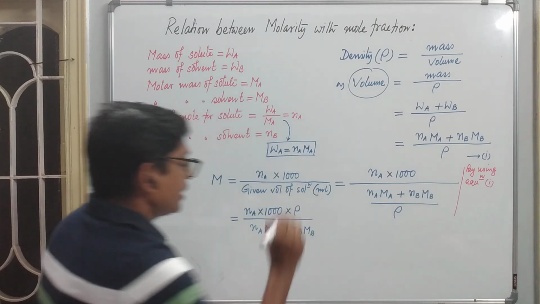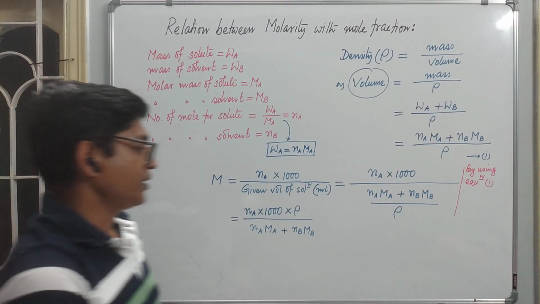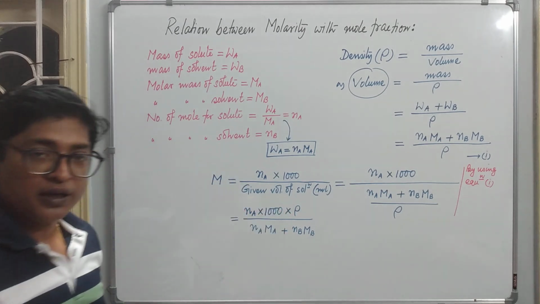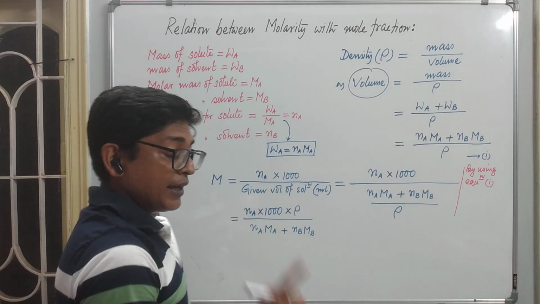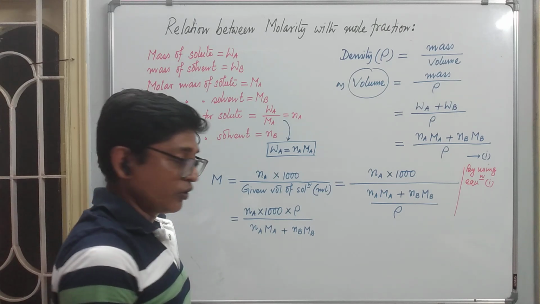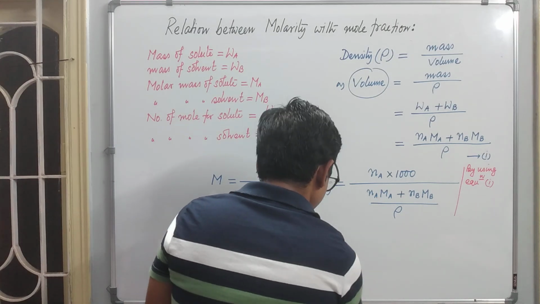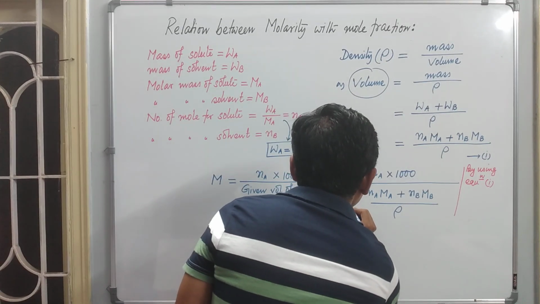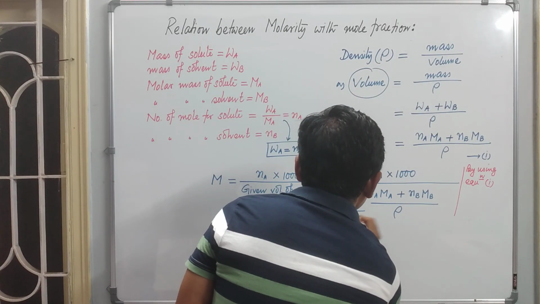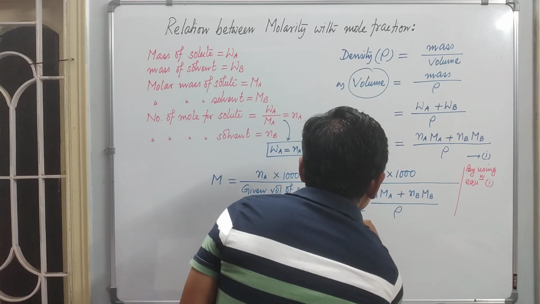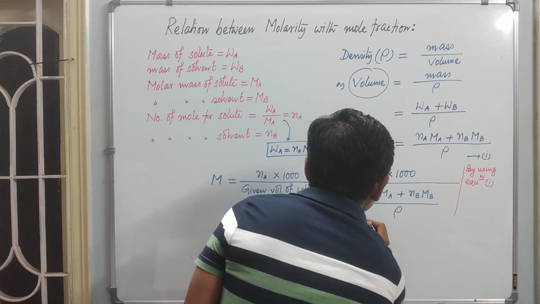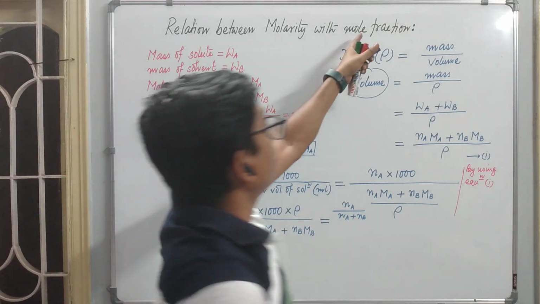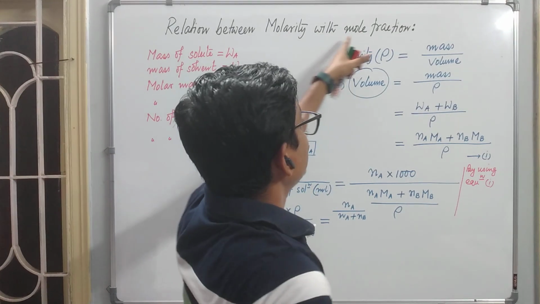Now we need to do one trick. We need to divide the numerator as well as the denominator by nA plus nB. I hope you have understood why I am doing it, because we are here to find the relation between the molarity and the mole fraction.